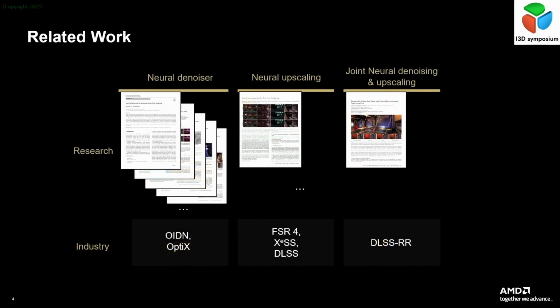There has been some research work for denoising and upscaling, and even for joint denoising and upscaling together. And there are a couple of software products in the industry, and they all showed great progress in quality improvement.